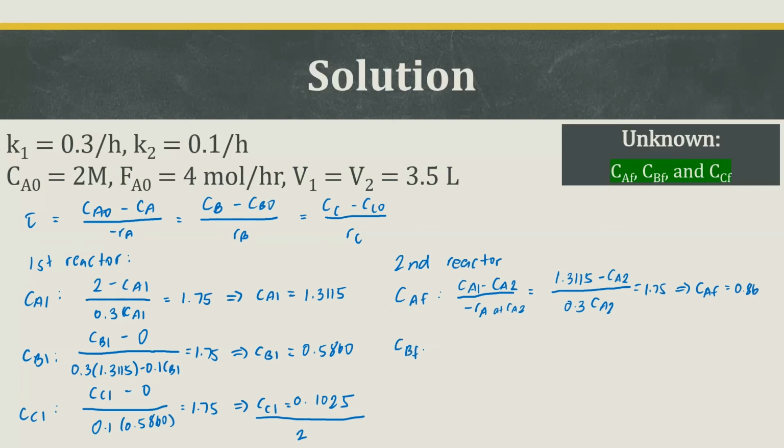Now CBF. This time it's CB2 minus CB1 over rB at CB2. So this is CB2 minus 0.5860 over 0.3 times 0.86 minus 0.1 CB2, equal to 1.75.